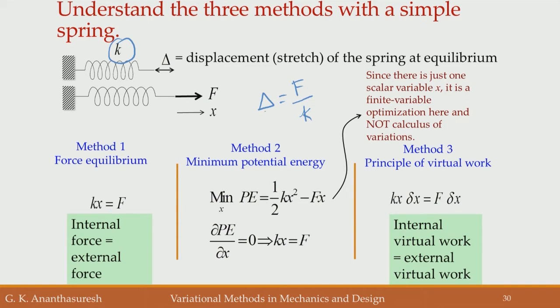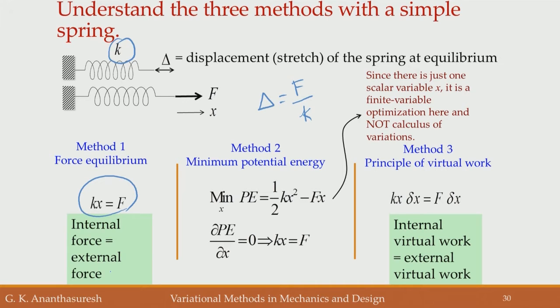So, basically if I call this delta an unknown x, this is what you have, that is basically balancing force. External force F is equal to the internal force applied by the spring. When you pull it, it tries to pull you back, that is Kx, a force balance, internal force equal to external force. That is method 1 that we saw in the case of a beam.